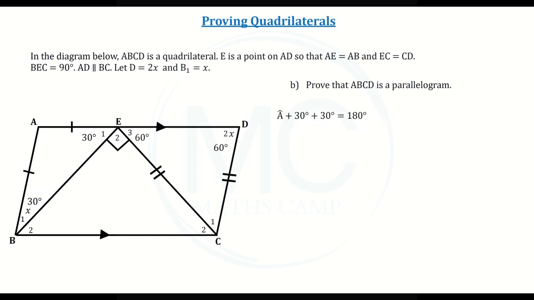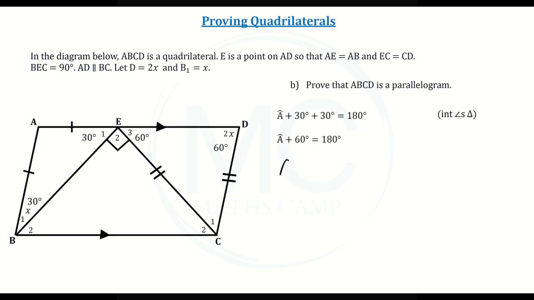And as our reason, we say the interior angles of a triangle. And now we have an equation we can use to solve for A. So we can say angle A, then we have 30 plus 30, which gives us 60 degrees, is equal to 180.